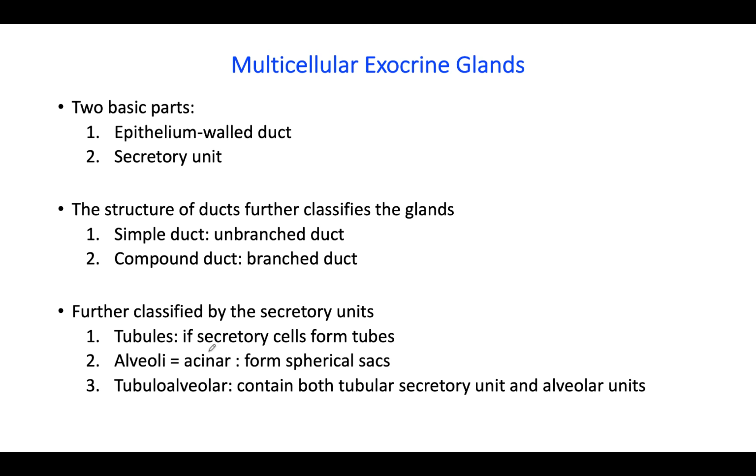If secretory cells form a tube, we call that tubular. If a secretory unit forms a pocket, we call that alveolar. And tubular alveolar means it contains both kinds of secretory unit.